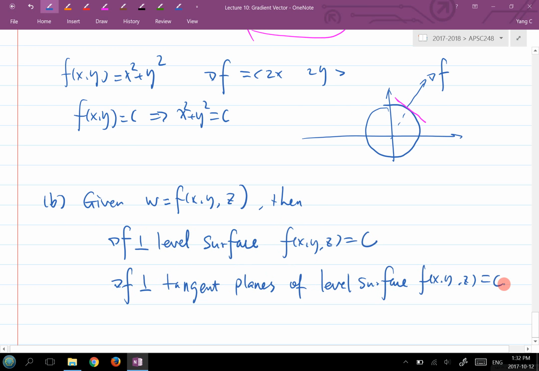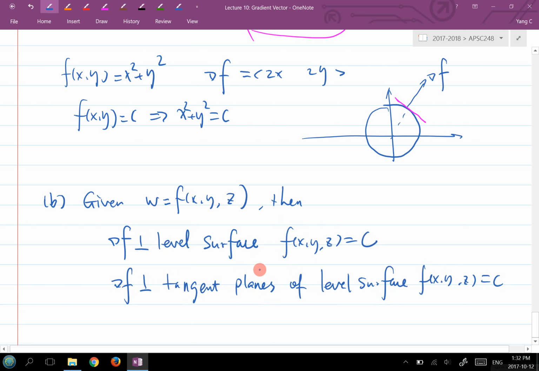Very similar conclusion: the tangent line is replaced with the tangent plane, and the level curve is replaced with the level surface.